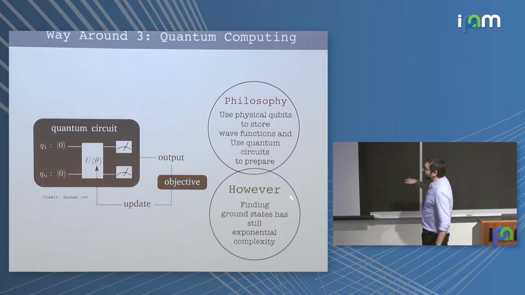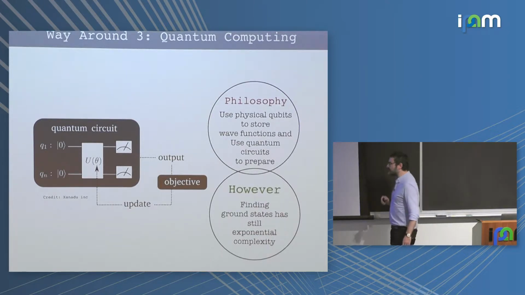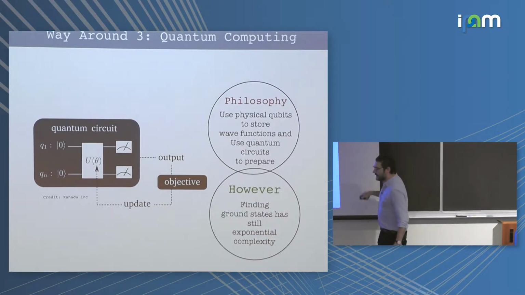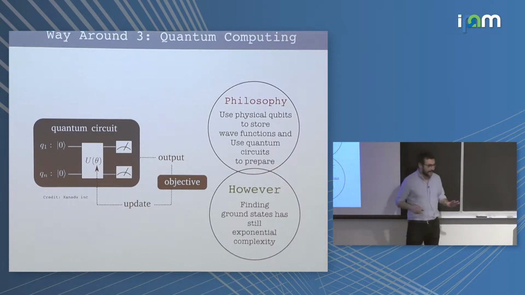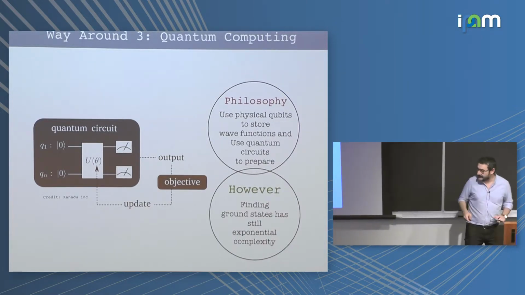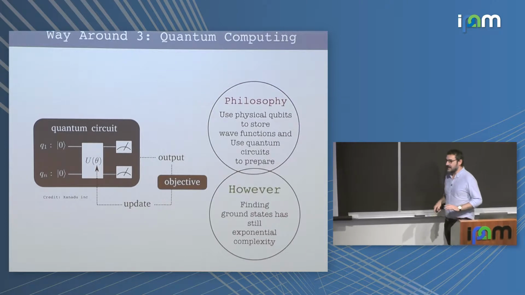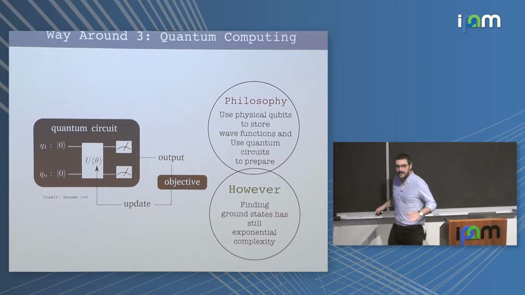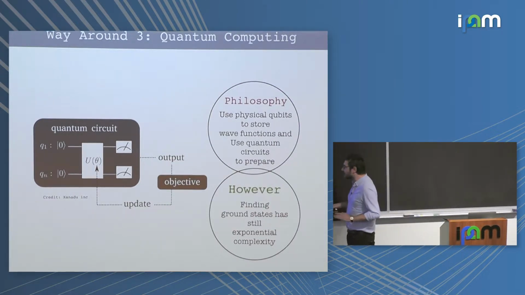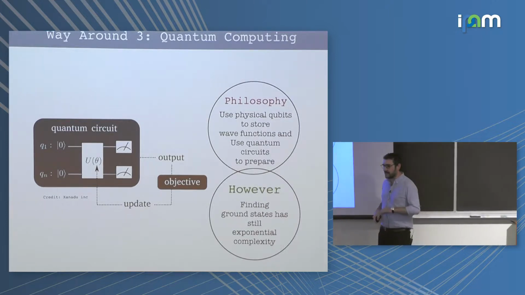However, there is a problem which is not always stressed, I would say: even if you had the most perfect quantum computer, finding the ground state is still an exponentially complex problem. So there is no way, even with a quantum computer, to find the ground state in polynomial time.